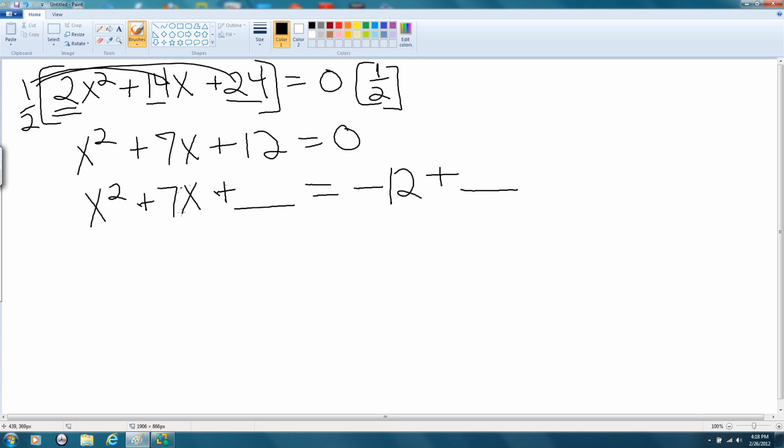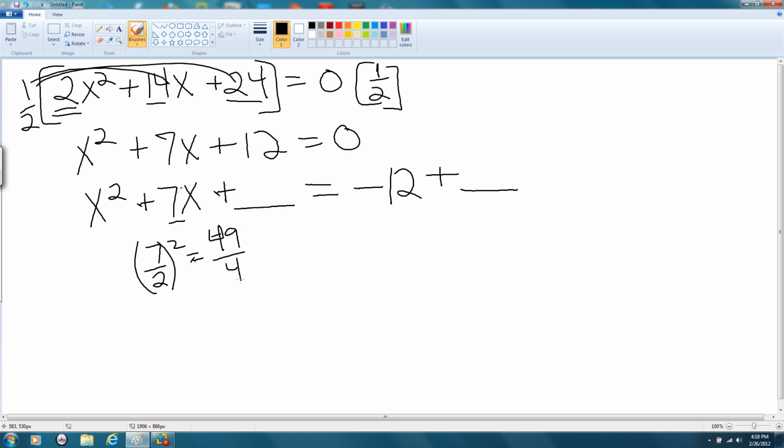Okay, so we want it like that, 2ab. So we're going to take 7, divide it by 2, and then square it, and that gives us 49 fourths.